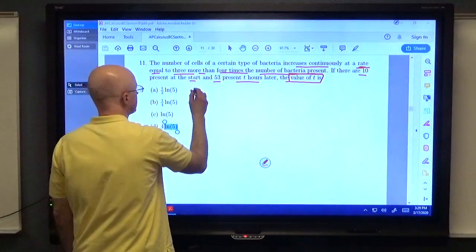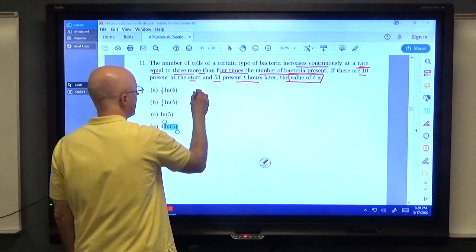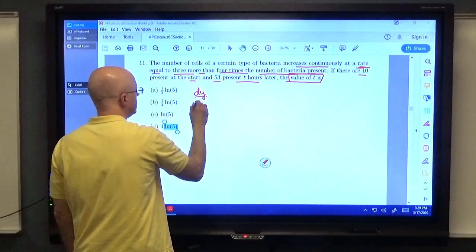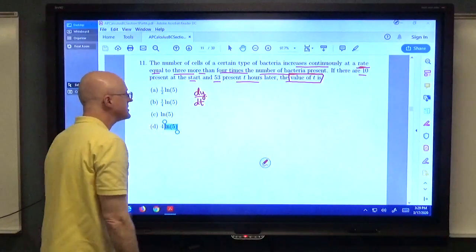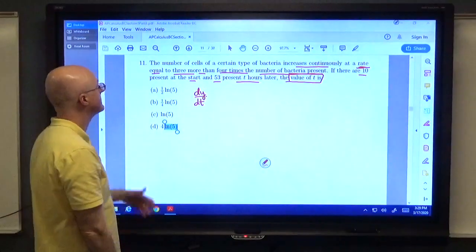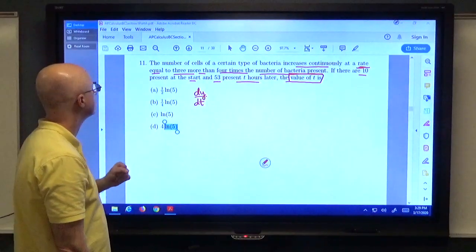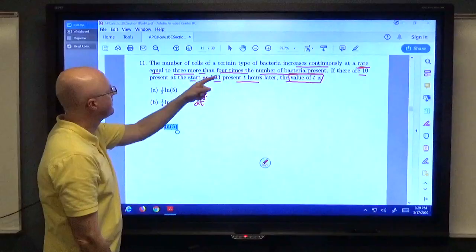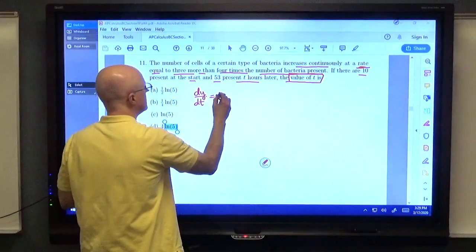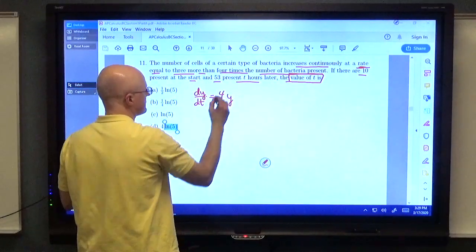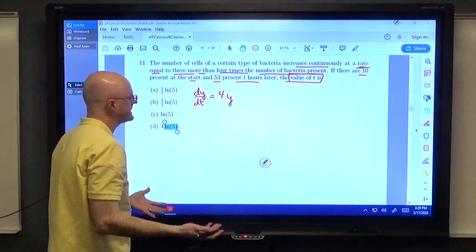But let's write it as a differential equation. First, if y represents the population, dy dt is the rate of change of the population, and the assumption here is that it's a continuous increase, so we can use differential equations. 3 more than 4 times the number of bacteria present. 4y is 4 times the number of bacteria present at any moment in time.